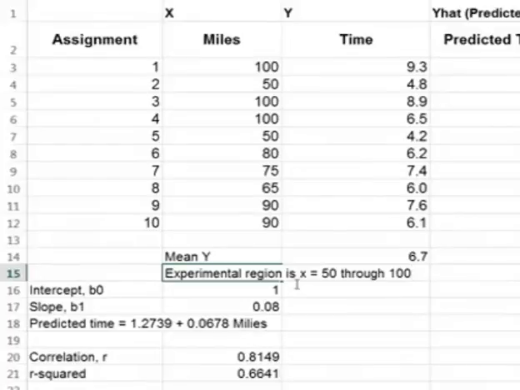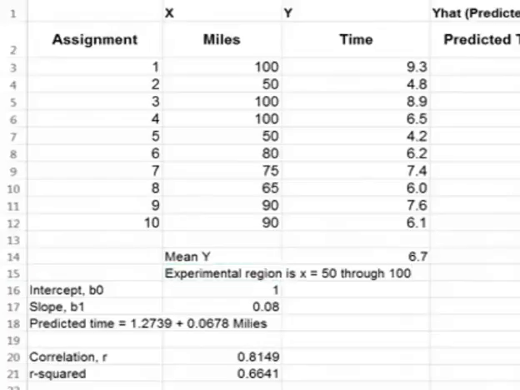But if I plug in, let's say, 150, then it's a little bit risky. Because we know that between 50 and 100 it follows a certain pattern, kind of a straight line pattern. But beyond that, we can't be sure that the same pattern continues.